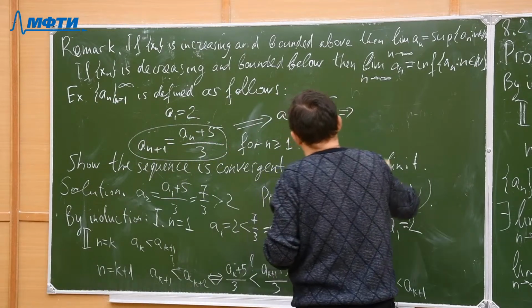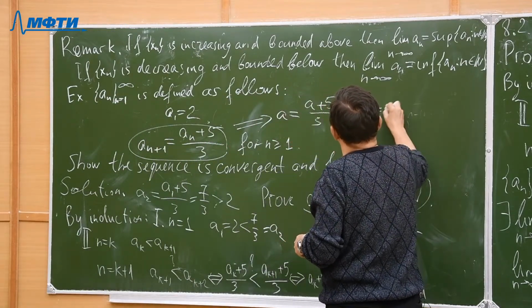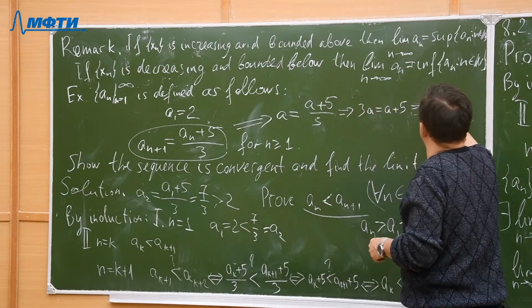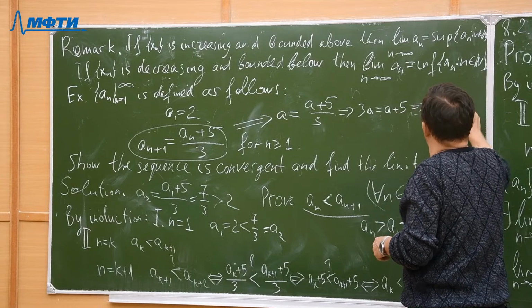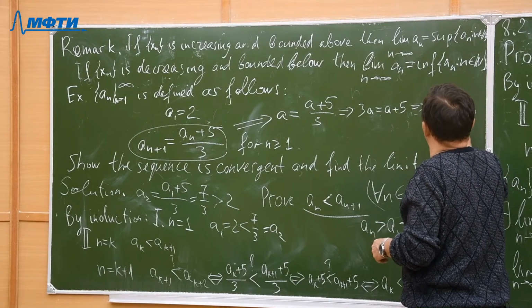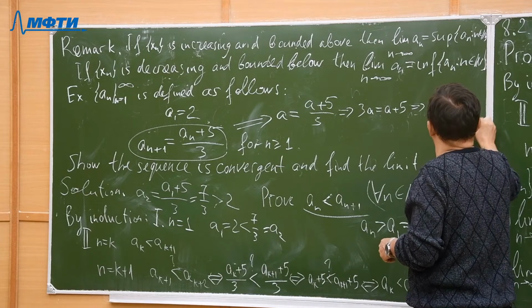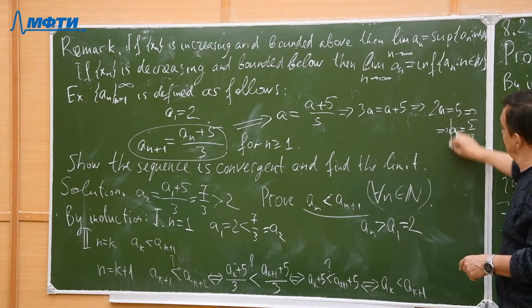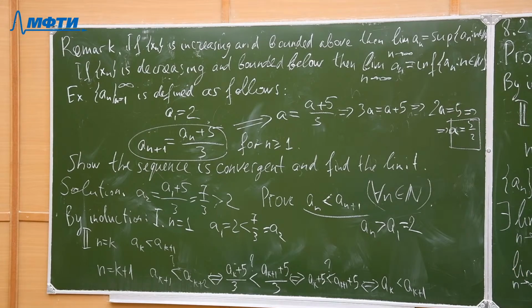That is 3a equals a plus 5, or 2a equals 5, or a equals 5 over 2. And that is the answer.